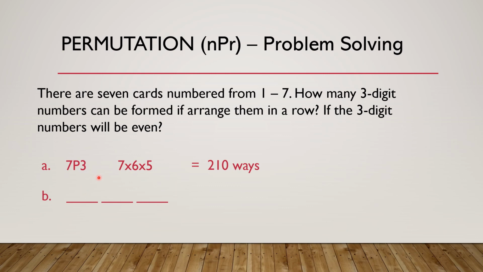A number becomes even if the last digit is even, that is 2, 4, 6, 8, 0. But in this case, the numbers are only from 1 to 7. How many choices do we have for the third card to become even? That would be 2, 4, 6, and that would be 3.